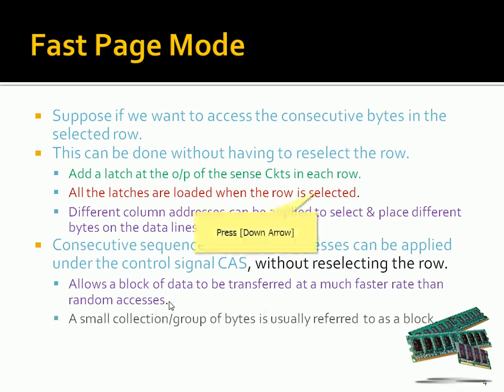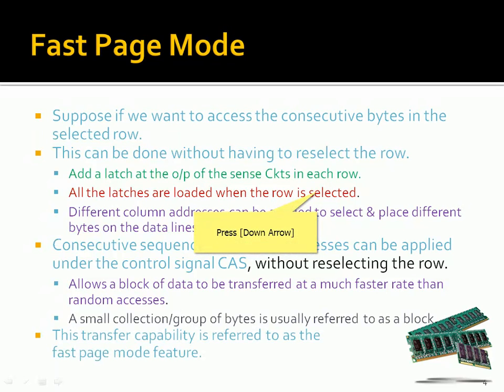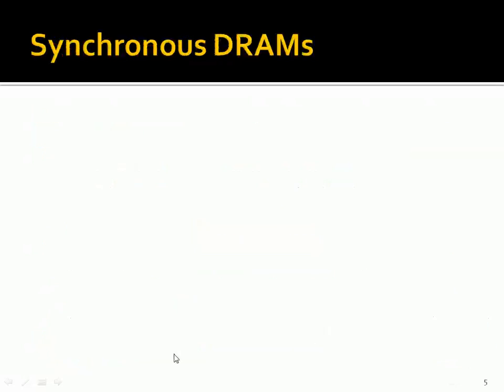A small group of bytes is usually referred to as a block. Memory deals in terms of blocks, whereas the processor deals in terms of bytes or words. This transfer capability is referred to as fast page mode.